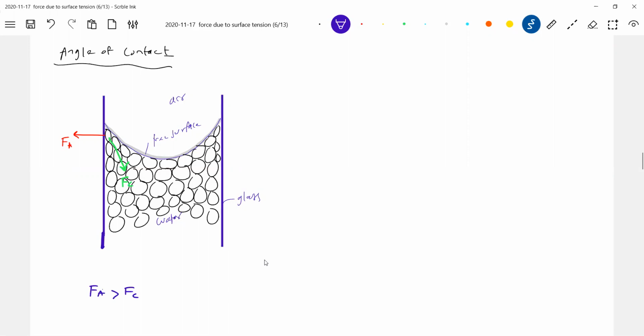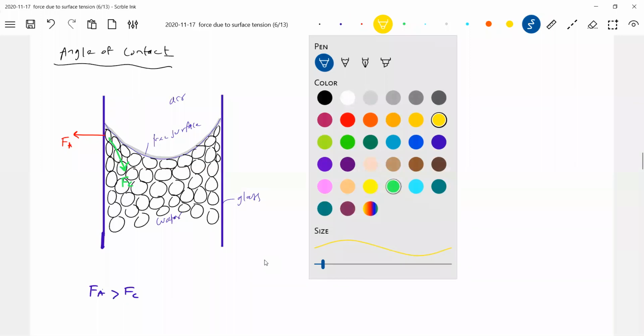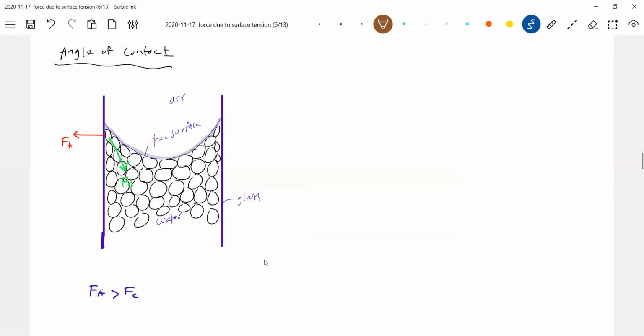Because of that, the resultant force will be directed somewhere like this.